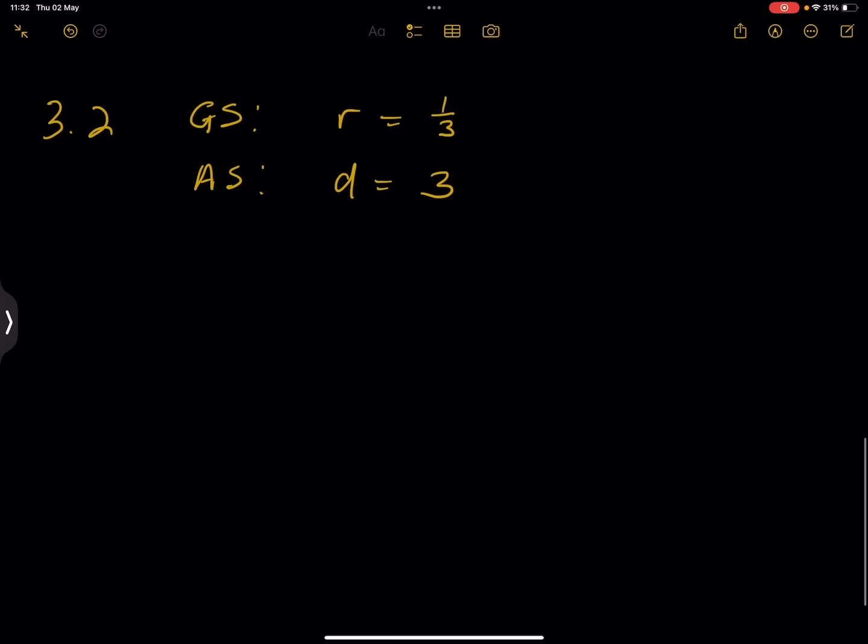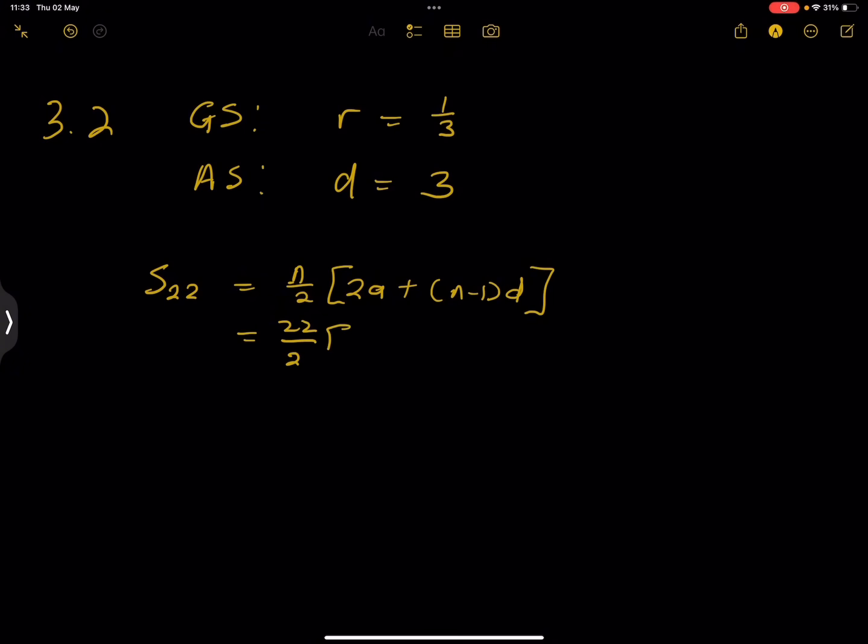Right, so the sum of the first 22 terms for the arithmetic sequence. Remember, we know this is n over 2 times 2a plus (n minus 1) times d, and we know what our d value is. Let me just keep that as n because I had not substituted as yet.